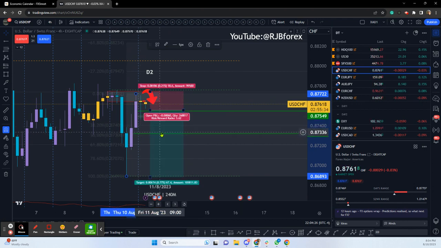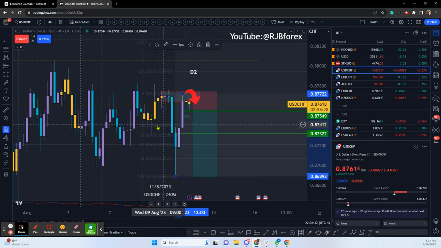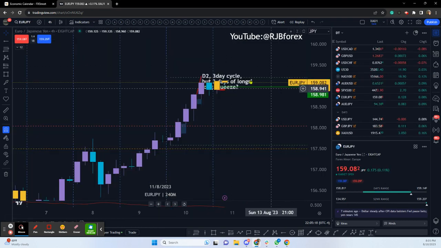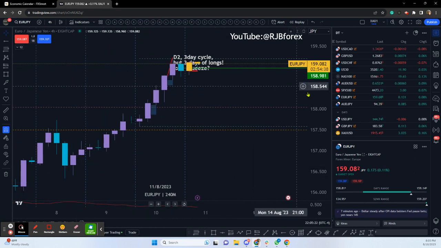So that appears to be a very important level. It also acts as support over here as well. Okay, so day 2, continuation to the downside. So yen pairs are day 3s, so we're looking for the long squeeze.